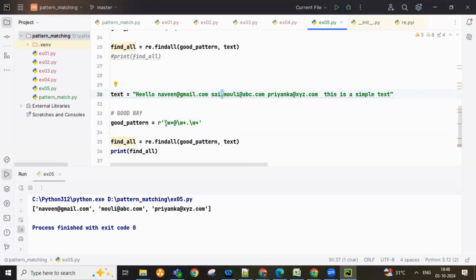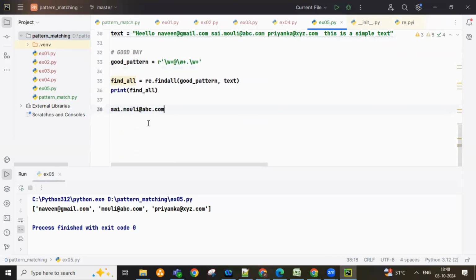So in this case, if you want to work on this, there is something you can try. For example, if you take out this, so here, slash w, fine. It should match.